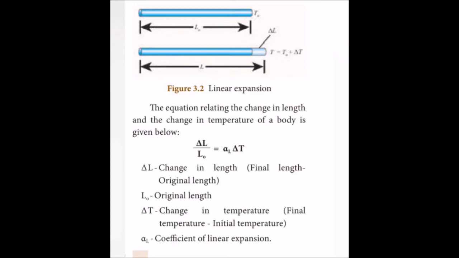The equation relating the change in length and the change in temperature of a body is given as del L by L naught equals alpha L into del T. This is the equation for linear expansion. Here del L is the change in length, that is final length minus original length.